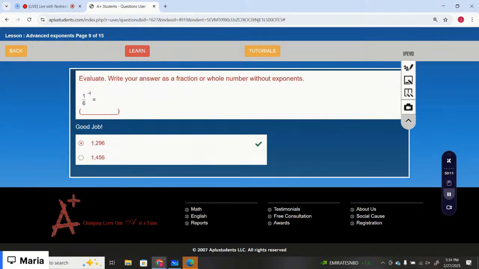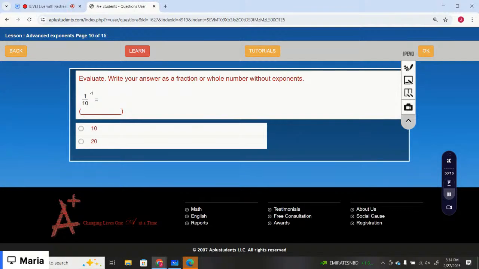Option number 1 is the correct option. The correct option is option number 1, 10 it is.